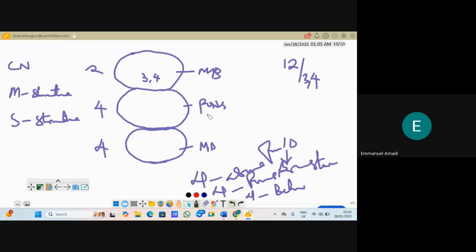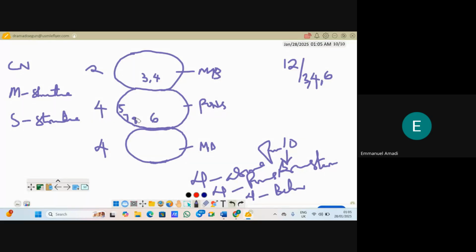Now, when you come to the pons, you have four cranial nerves: 5, 6, 7, 8. Of those four, only one can divide 12 with no remnant, which is 6. So 6 will be in the middle. The other ones will be on the side: 5, 7, and 8.